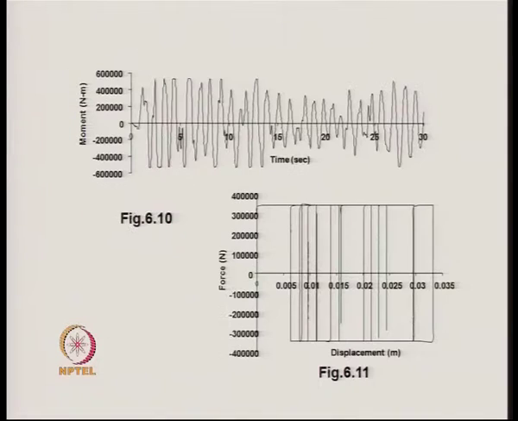The final results for the two cases are shown over here, that is the plot of the bending moment with time for the elastoplastic case, shown in figures 6.10 and 6.11. We see that the bending moments are varying in such a way that over a small value of delta t, the values of the bending moment are almost stationary or horizontal.